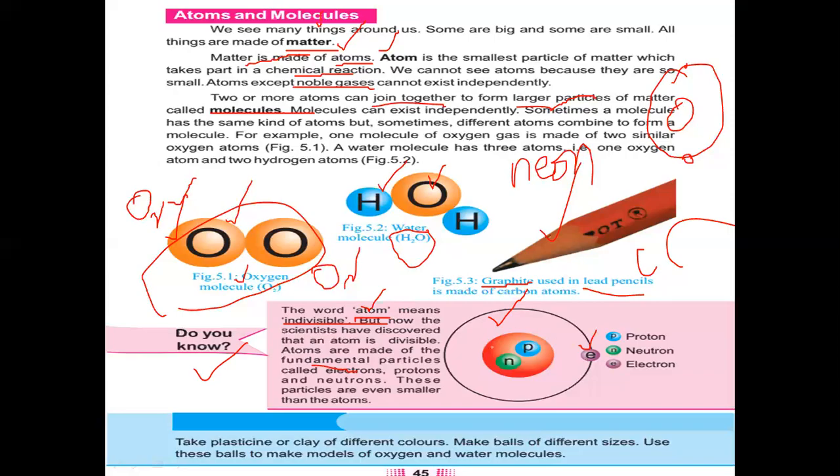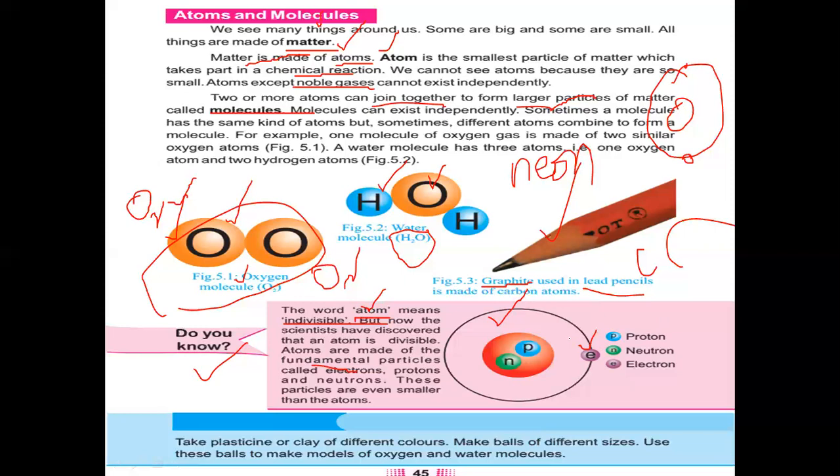If you see inside, that is nucleus, and in the nucleus we are having proton and neutron, and outside is having electron. Recall that in your mind because you have studied in grade 5 that electron is outside the nucleus and it revolves round and round like the earth revolves around the sun.